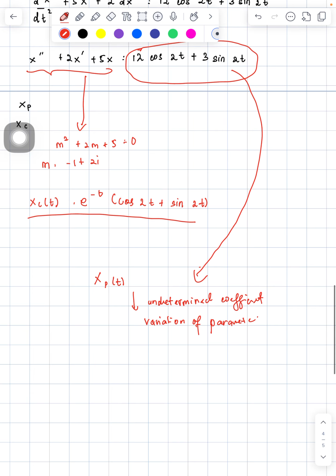Okay, the final answer for this question, you can solve by yourself. x(t) equals e to the negative t (cos 2t plus 3 sine 2t). Okay, you will have this final answer.